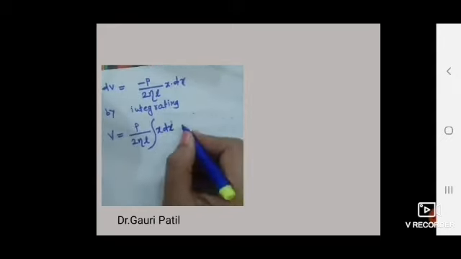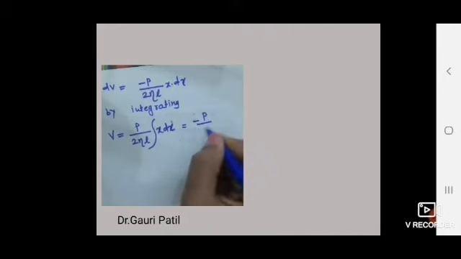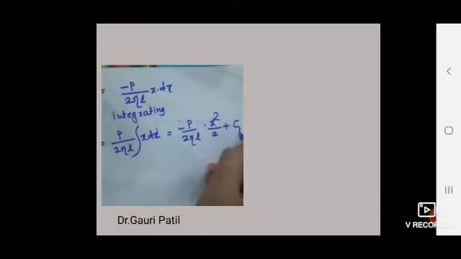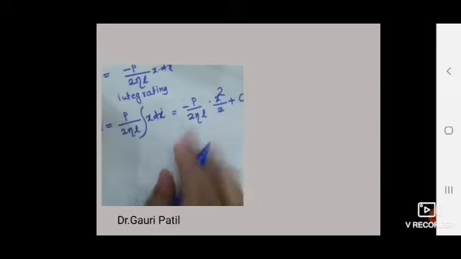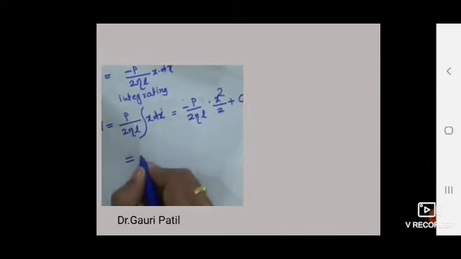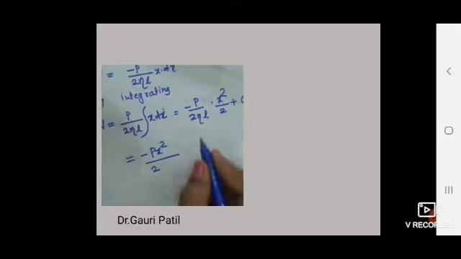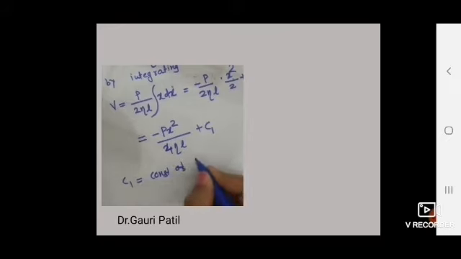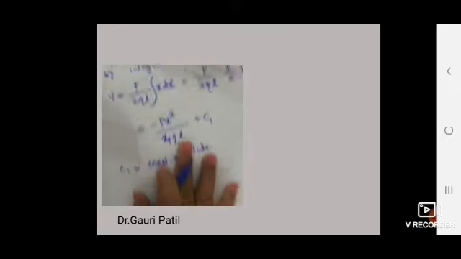So we get minus P upon 2 eta L into x square by 2 plus a proportionality constant c1. Finally, v is equal to minus P x square upon 4 eta L plus c1, where c1 is the constant of integration.